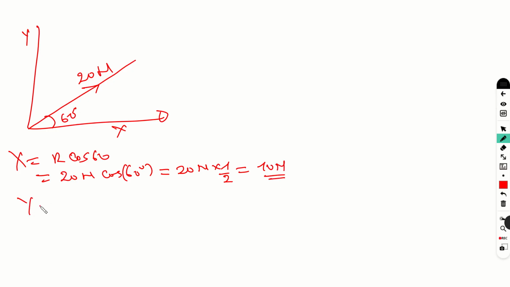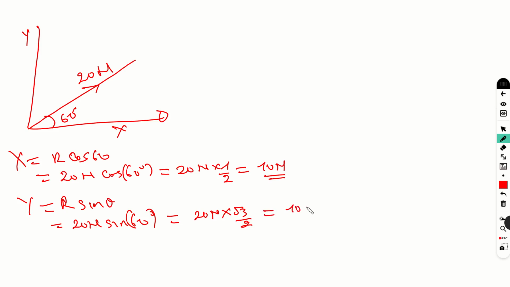And the y component will give you R sine theta, which will give you 20 newtons sine 60 degrees, which will give you 20 newtons times root 3 on 2, which is the same as 10 root 3 newtons. And that's how you solve it.